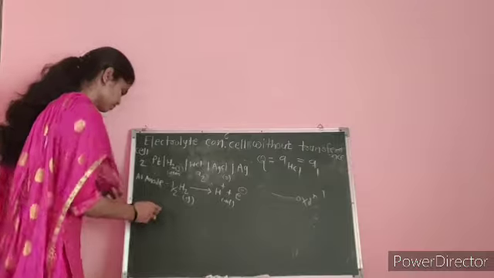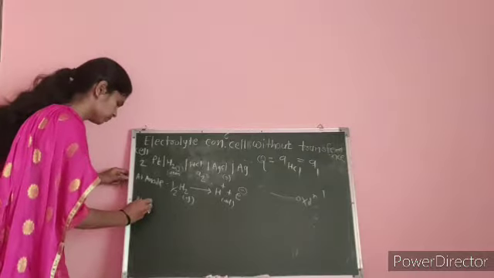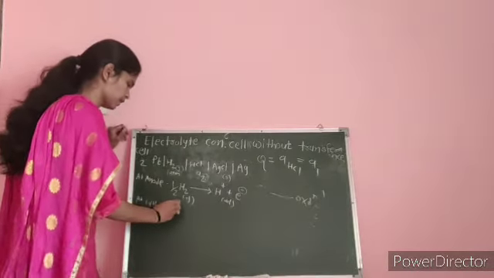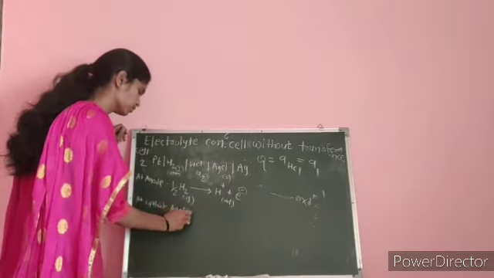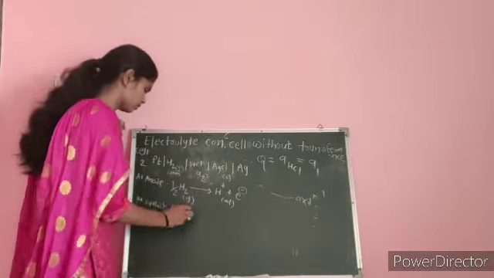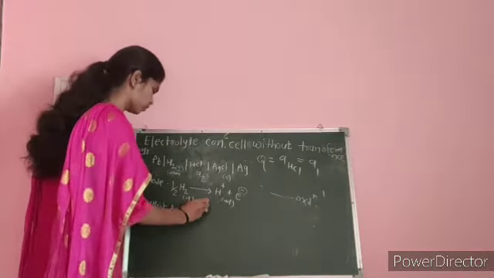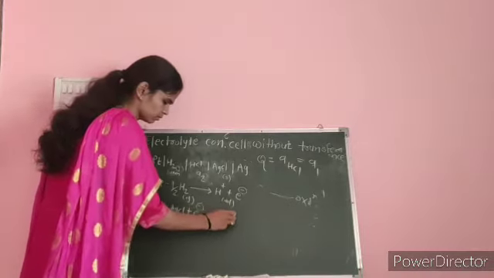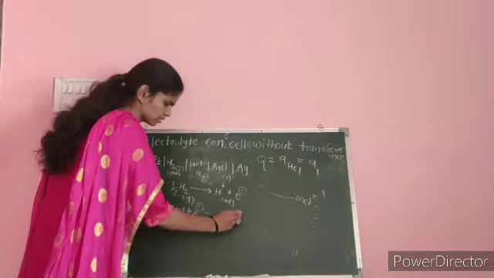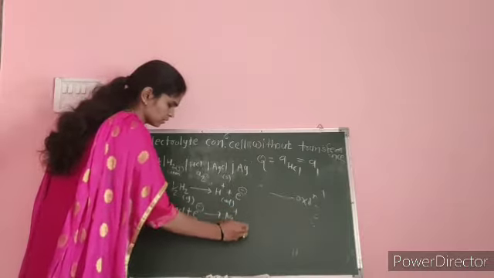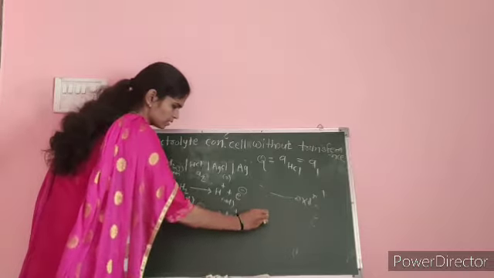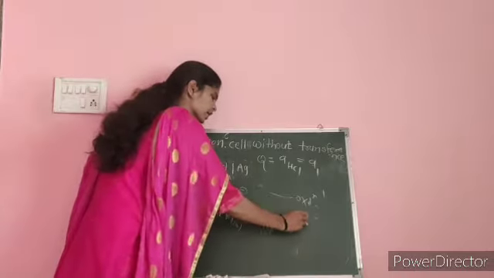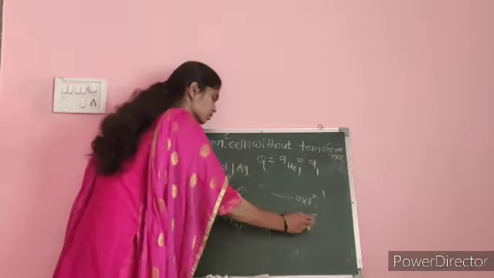Second, at the cathode, AgCl plus gain of 1 electron gives Ag solid plus Cl minus aqueous. This is the reduction reaction.